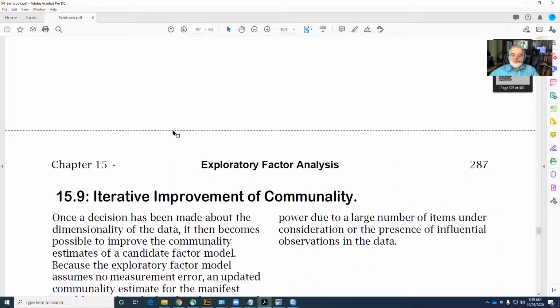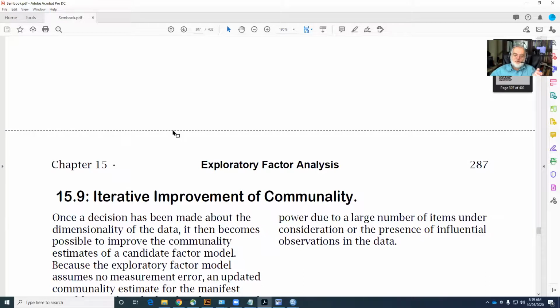And the next topic that we'll get into is, okay, we did a factor analysis. We made an initial choice based on the number of factors, but all of that was contingent on using either ones on the diagonal or a squared multiple correlation.